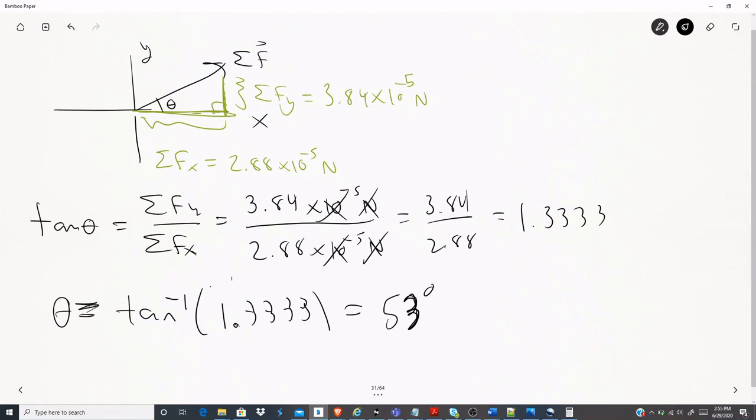In this class, do try to always stay in degree mode and not radian mode. It's very rare that you're going to run into a situation where you want to be using radians when you're dealing with trigonometric functions. So the direction of my force is 53 degrees, and I could say clockwise or counterclockwise to the positive x-axis.